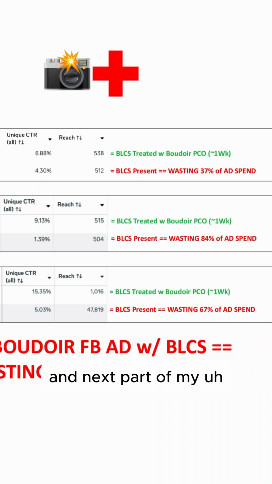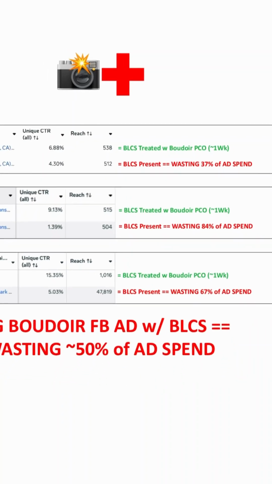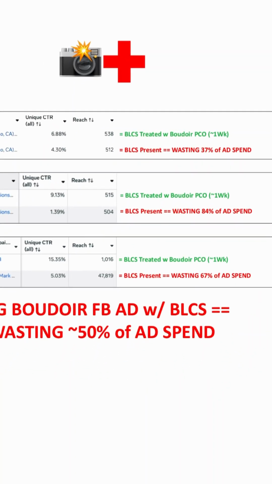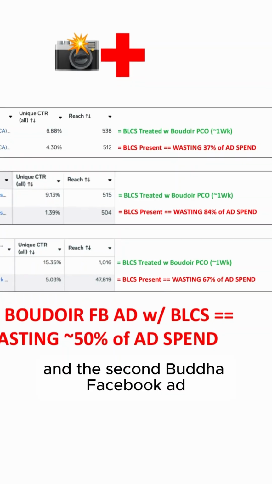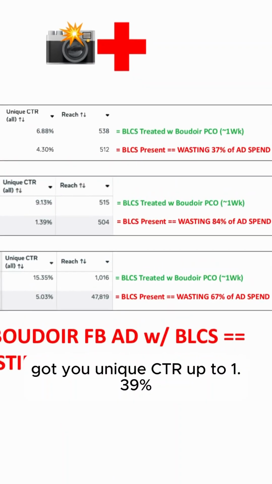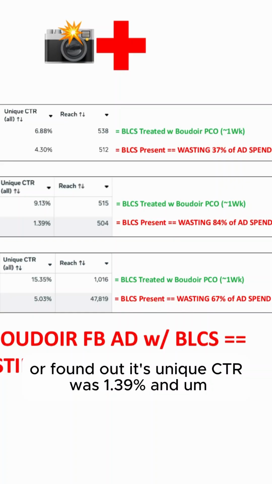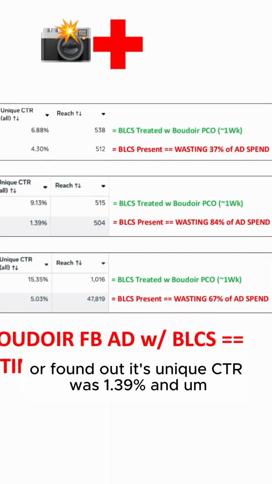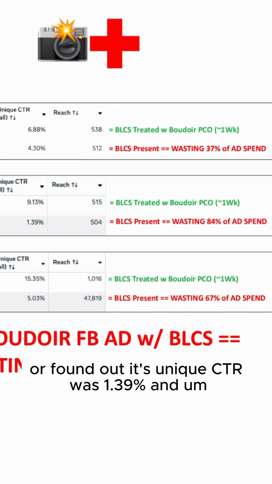And next part of my residency, the second Boudoir Facebook ad, we found out its unique CTR was 1.39%.